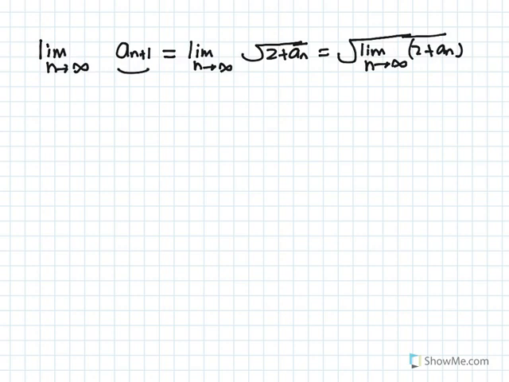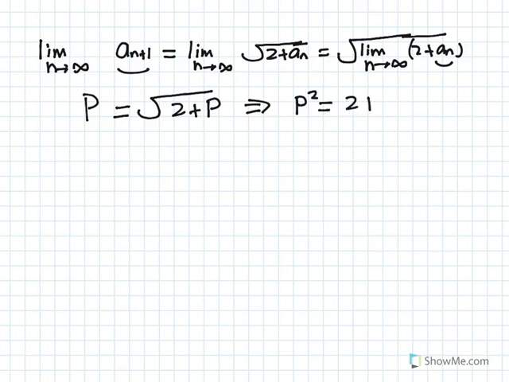The limit of a_{n+1} is just going to be P. This is equal to root of 2 plus the limit of a_n, which is also P. Now, square both sides, do some algebra, and solve for P.